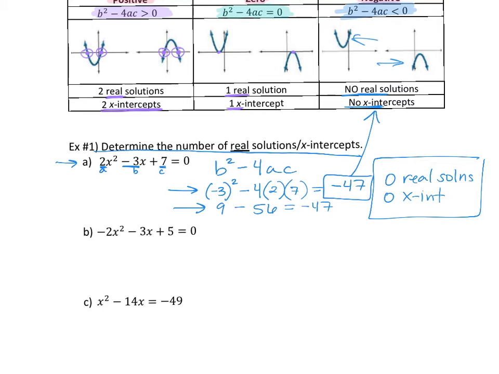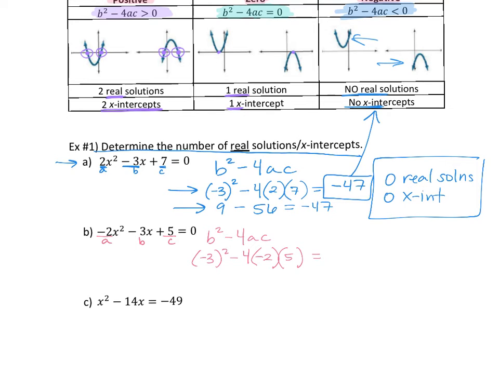All right, second one here. Again, here's your a, here's your b, here's your c, and we are doing b squared minus 4ac. So b is a negative 3, minus 4 times a negative 2, times our c term, which is 5. Like I said, you can just plug that into your calculator as long as you keep it just like that.